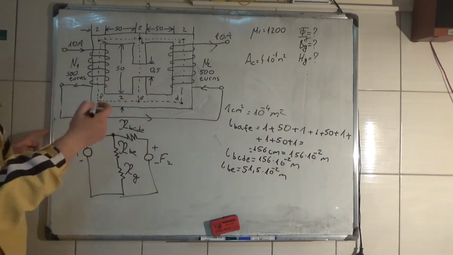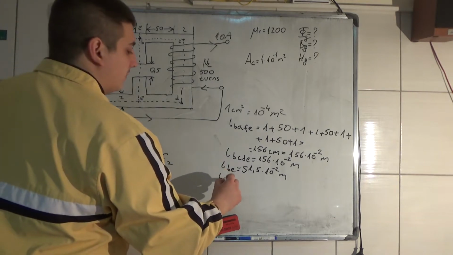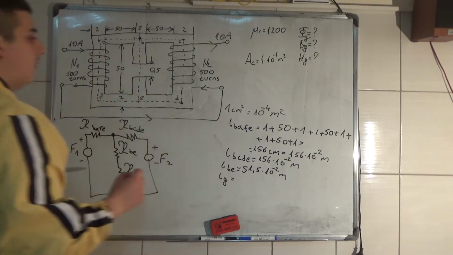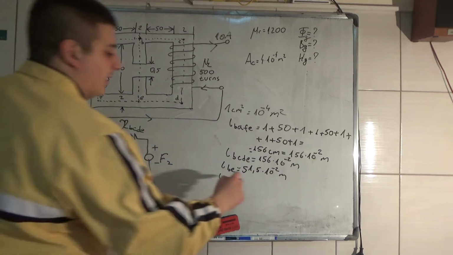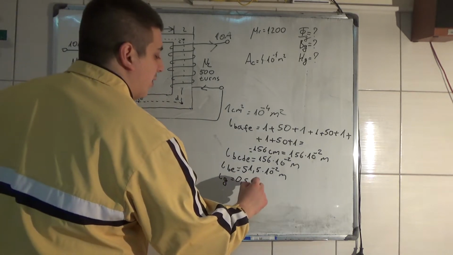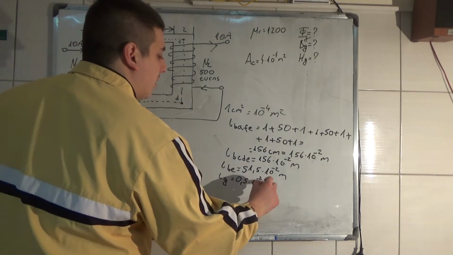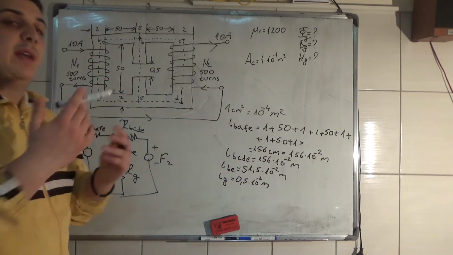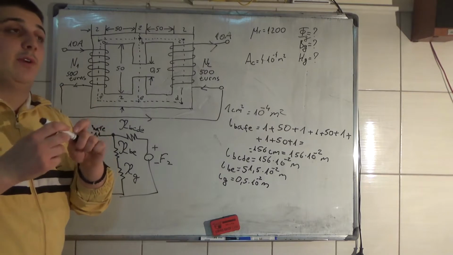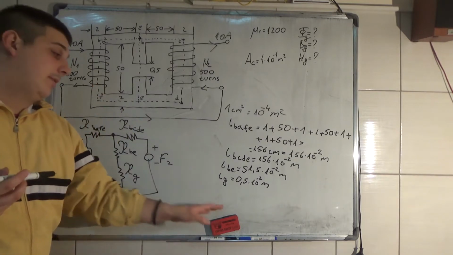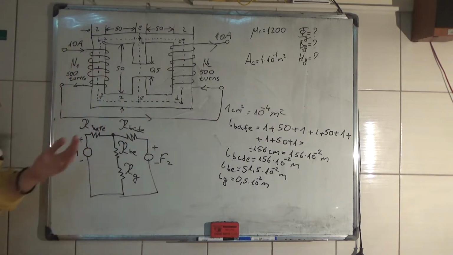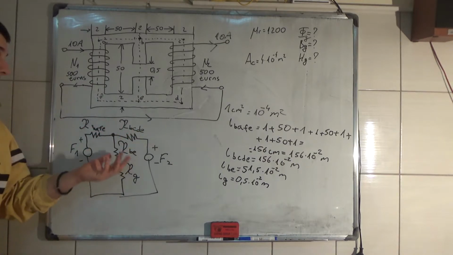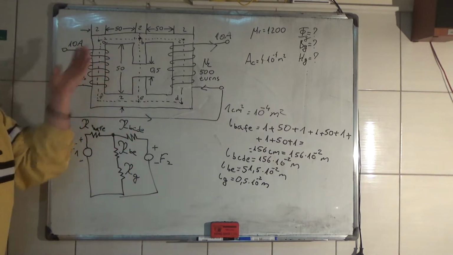And the length of the air gap is equal to 0.5 centimeters, which is equal to 0.5 times 10 to the minus 2 meters. We have to transform all the units into basic units, and the basic unit for length is the meter. Now we can measure the reluctances of this magnetic circuit.